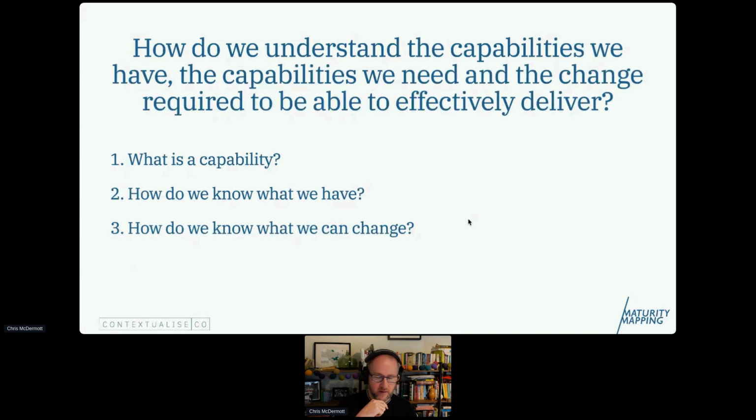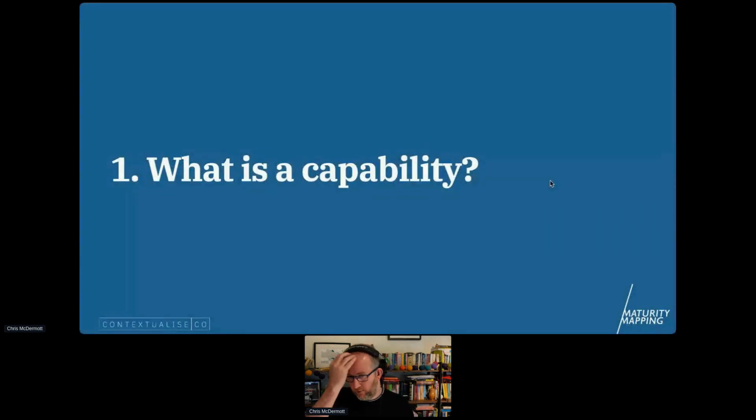There are three sub-questions that emerge from this. In an organisation or a socio-technical system, what is a capability? How do you know what capabilities we have? And how do you know what we can change? So let's start by going through those questions.